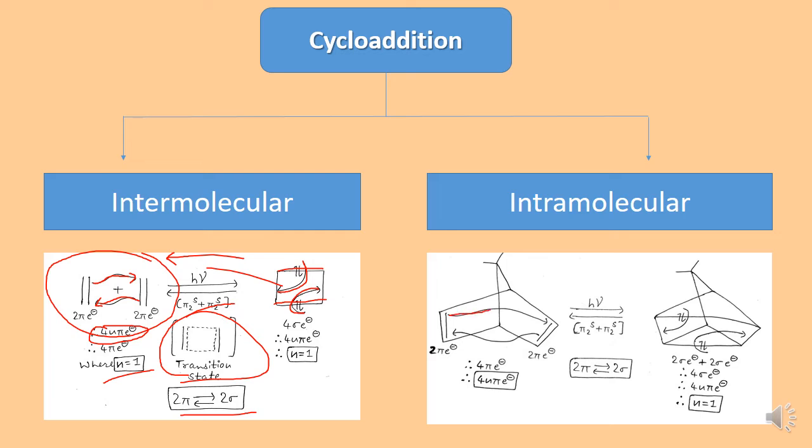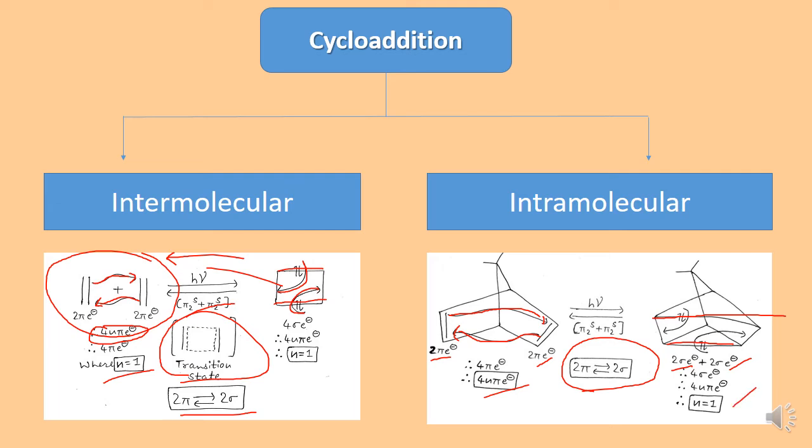This pi bond is shifted over here to make a sigma bond like this, and this pi bond is shifted over here like this. So here 2 pi electrons and here 2 pi electrons, total 4 pi electrons. So the system is a 4n pi electron system. Here 2 pi bonds are converted into 2 sigma bonds. Here 2 sigma electrons and 2 sigma electrons, so total 4 sigma electrons, a 4n pi electron system where n is equal to 1.